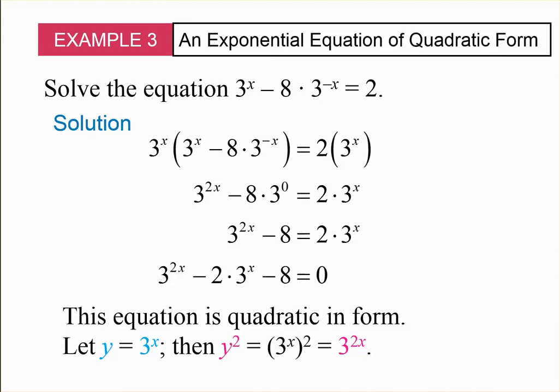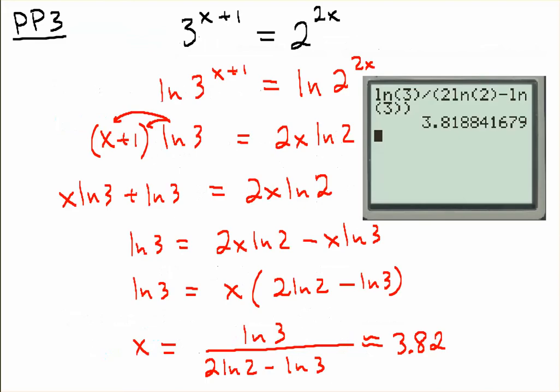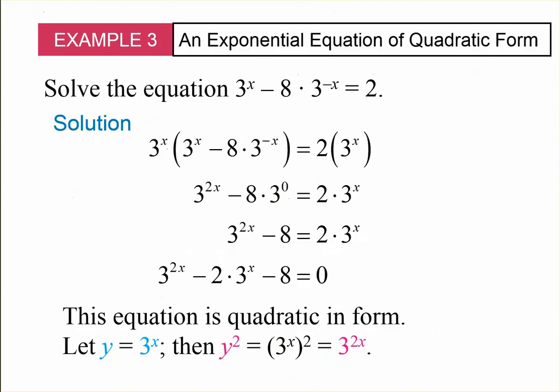This is an example from the textbook. Again, 3 to the -x just means that you have this somewhere, right? And so what we do is we multiply by this number everywhere.